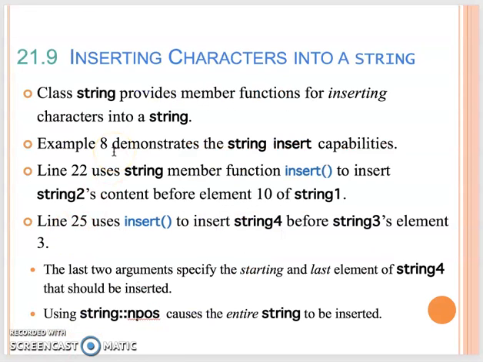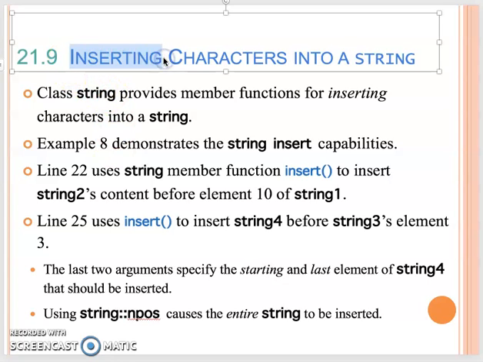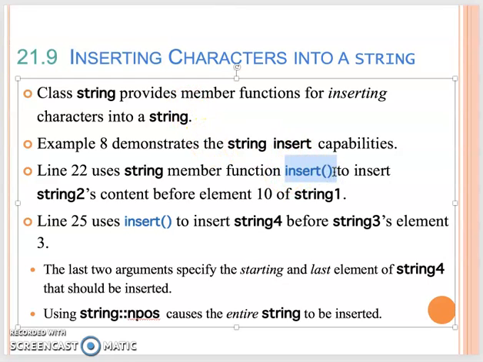So after we see the find, replace, now we can do the insert. So insert, same thing as the member function. When you do the insert, you will have a couple different overloaded functions as well. You can pass in only 2 arguments. The first argument, you tell them which location in this source string you will insert to.